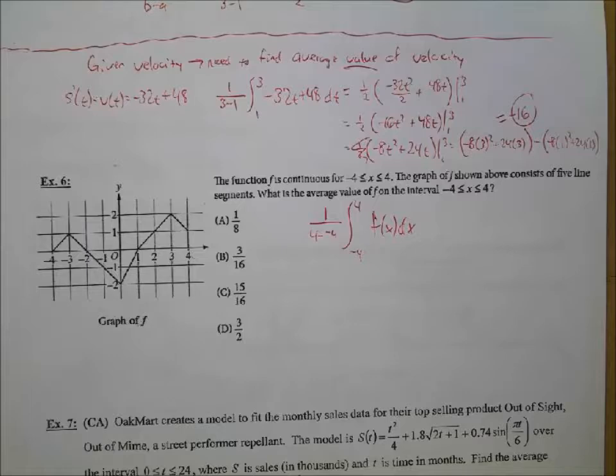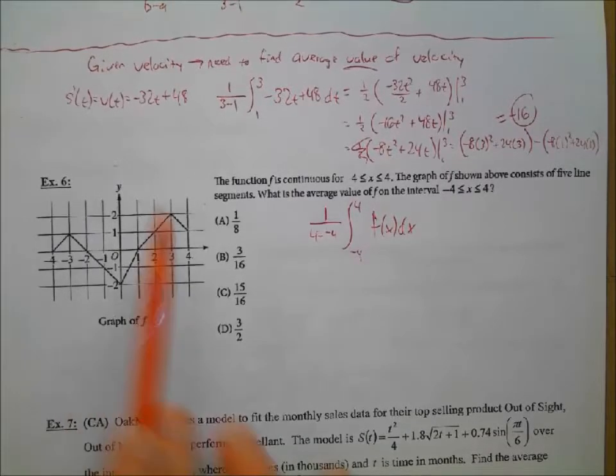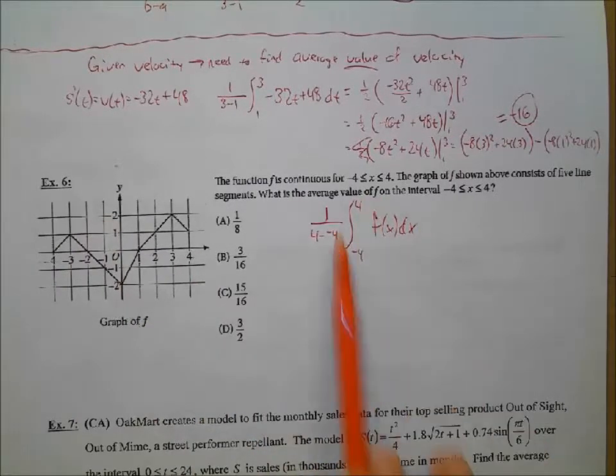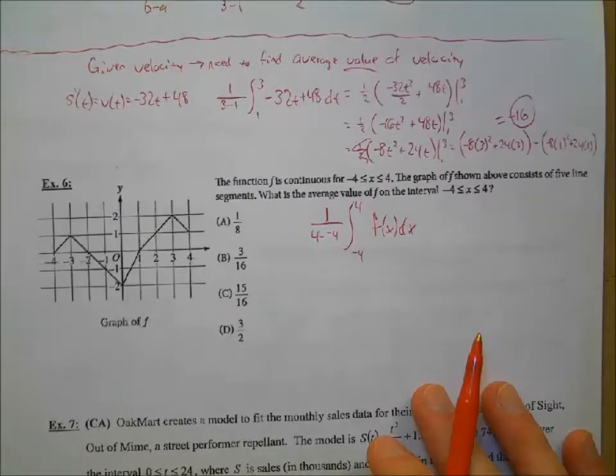Now, we don't know what the actual function f of x is. In fact, it's going to be piecewise, based on all those different parts. But how can we use this graph to help us evaluate this integral here? What can we do? Break it into the different pieces and then use area formulas, geometry. Just find the areas of these regions.